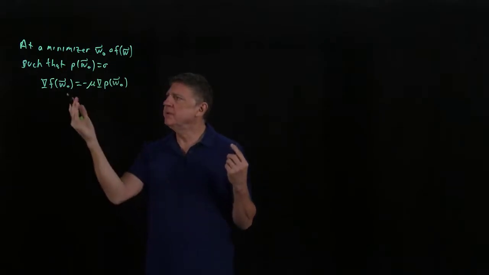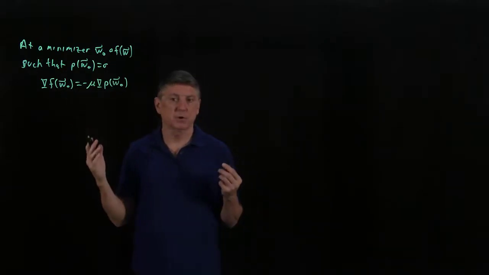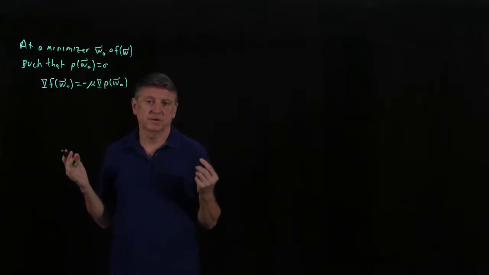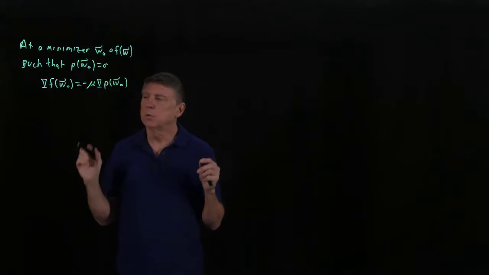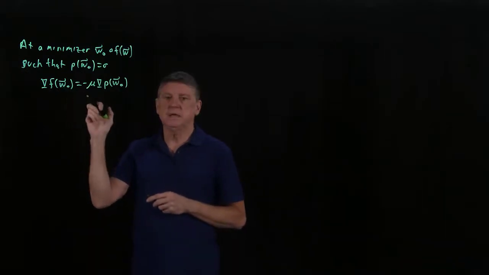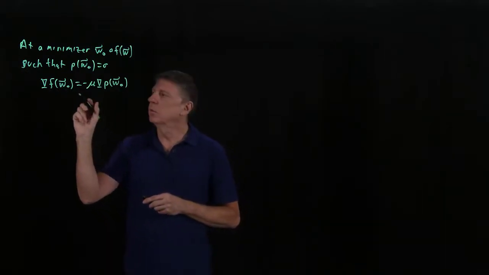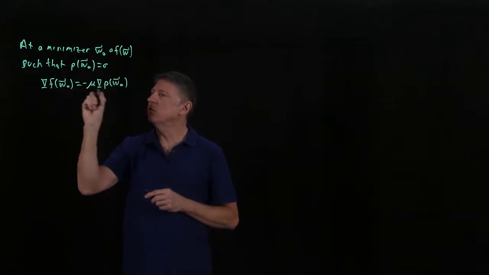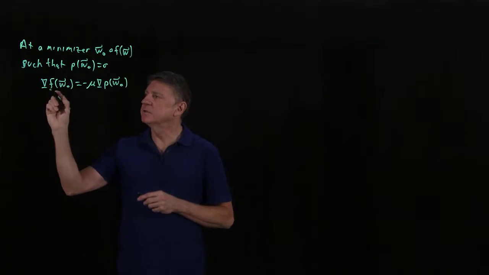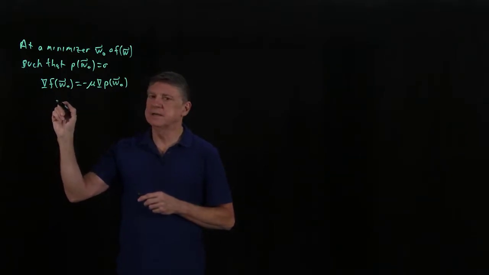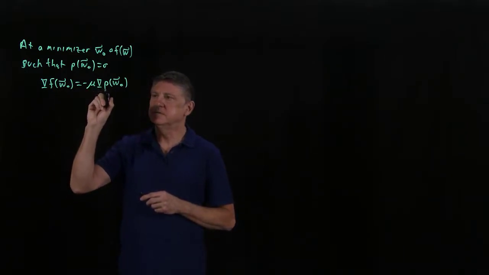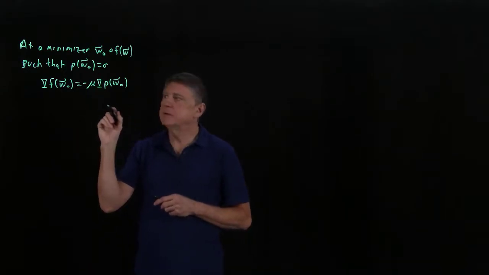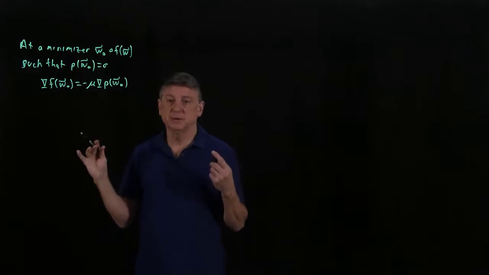If we consider this as a partial differential equation, there's an infinite number of functions that satisfy this. One of the simplest: if we take this over to the other side, the gradient of f plus mu times the gradient of p equals the 0 one-form. And suppose that we just integrate that.